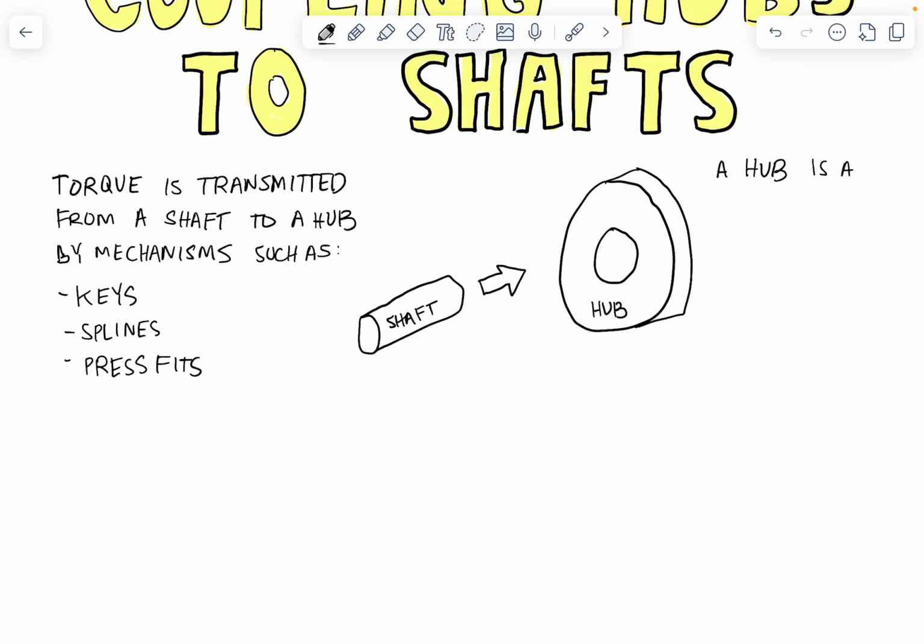It's a central component of a rotating element.